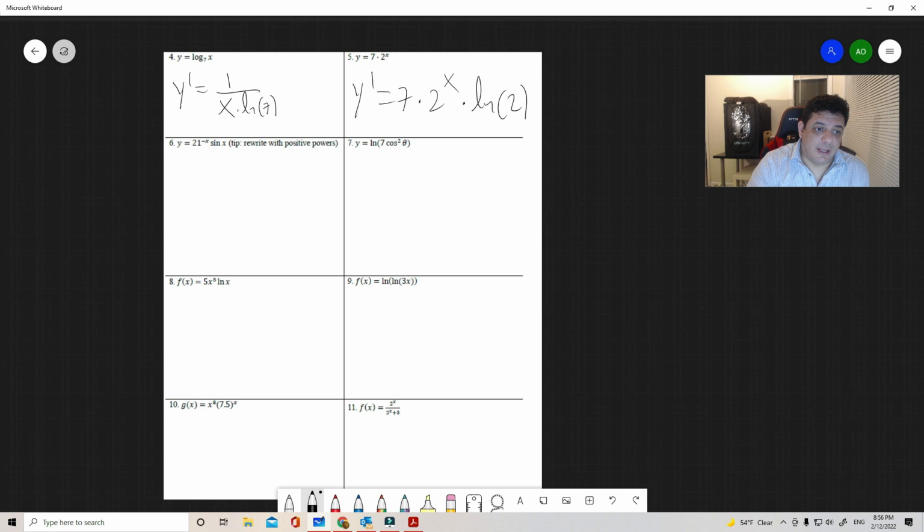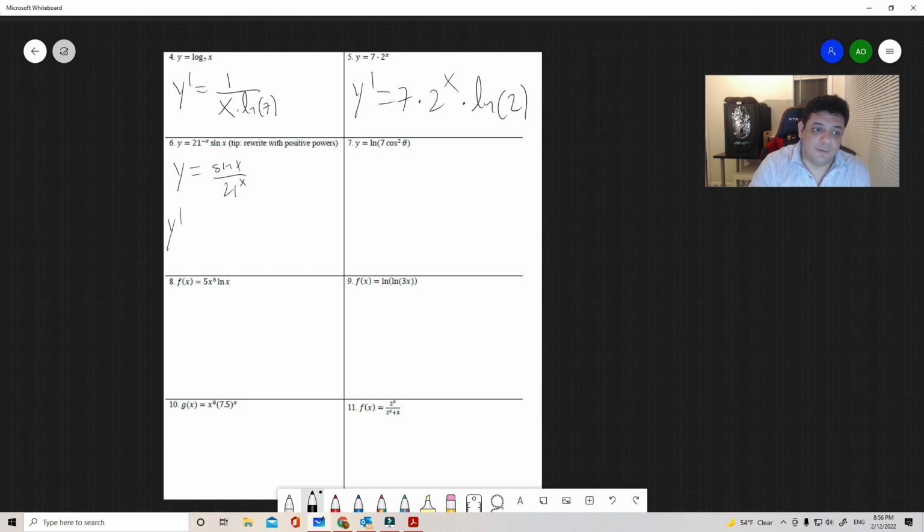Now in this case we have y equals 21 to the minus x times sine of x. We can do this in two different ways, as a product or as a quotient. If we rewrite this with positive powers, we get sine of x divided by 21 to the x.